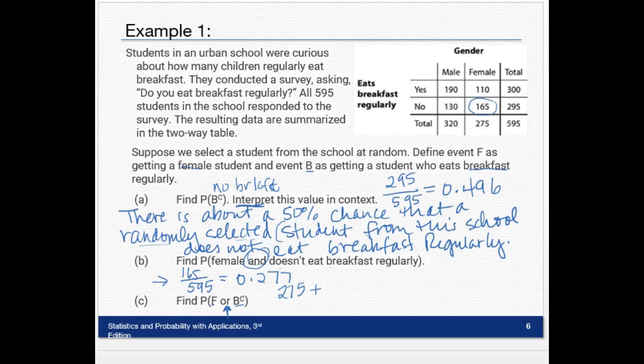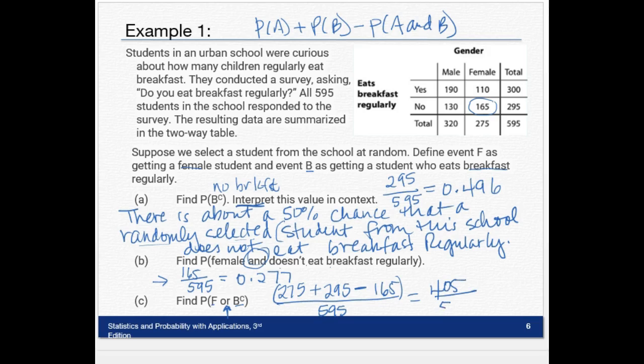Probability that they don't eat breakfast is 295. And we subtract females who do not eat breakfast. We subtract the 160. And it's all over the 595. Okay? So when we do that, we're following that probability formula. Remember the probability of A plus the probability of B, and subtract the overlap. So when I do all this math, I come up with 405 out of 595, which as a decimal is 0.681. All right?